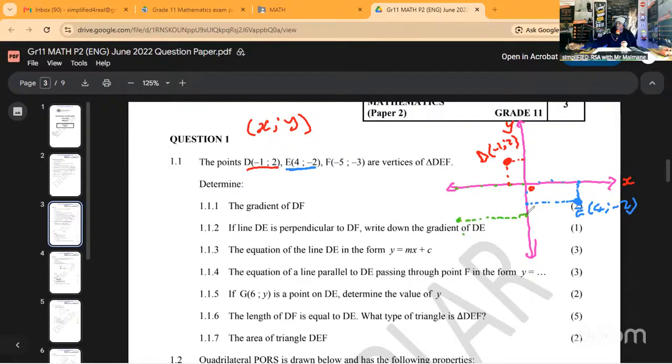So this is minus 3y, and then this is minus 5x. So that would be our point there, which is F, and F is minus 5, minus 3. So according to the structure that we have based on the points, it means the structure would form that type of a triangle.